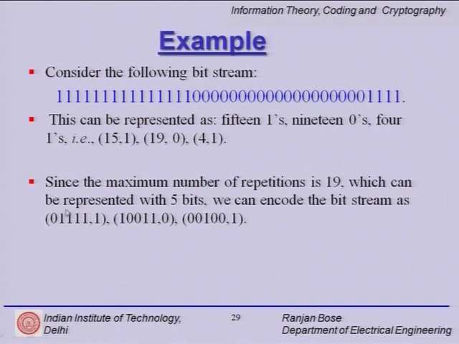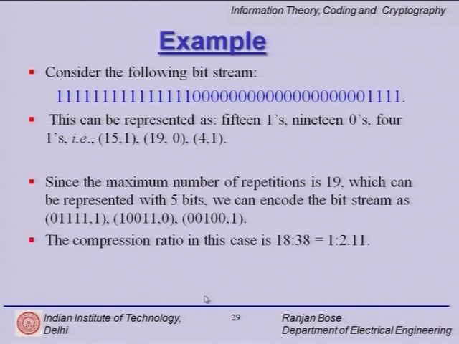But clearly, this simple representation of this long bit stream shows the power of run length coding. In this case, the compression is 1:2.1 in this simple toy example. It is very high for fax machine applications.